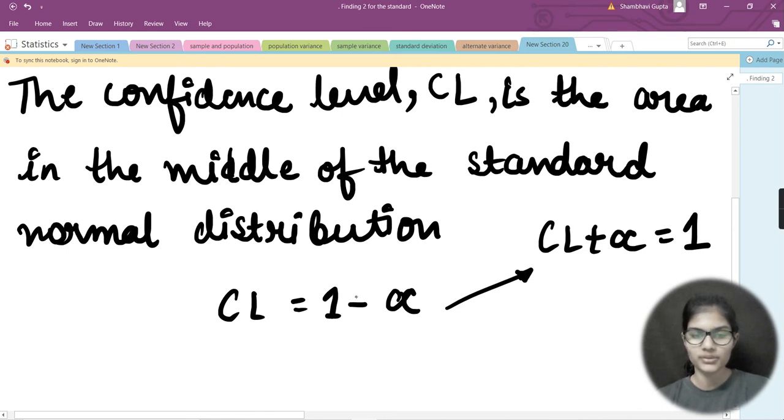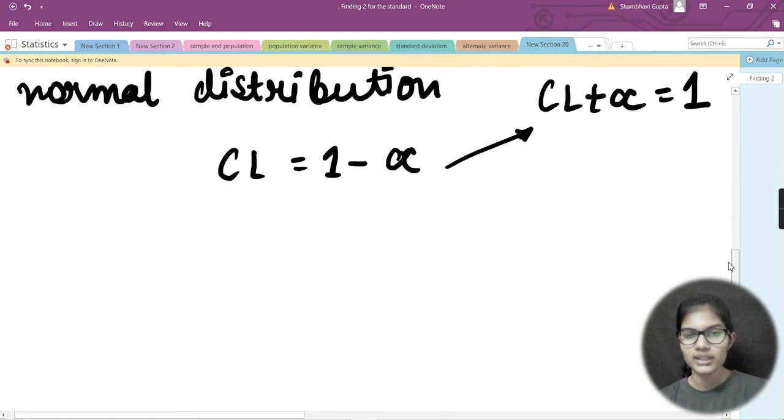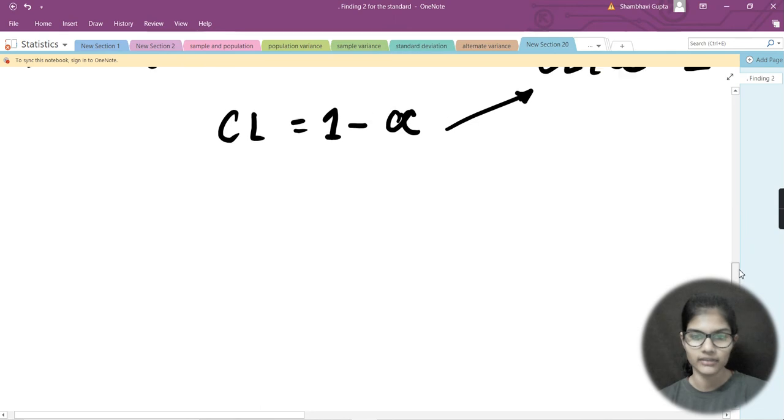Other than that, it remains the same. So the confidence level, that is CL, is the area in the middle of the standard normal distribution. You can say it is an area which is in the middle of the standard normal distribution. So the formula for finding the confidence level is CL is equal to 1 minus alpha.